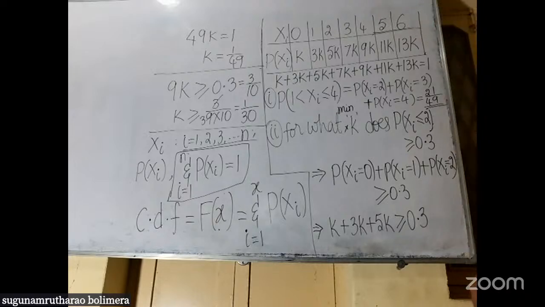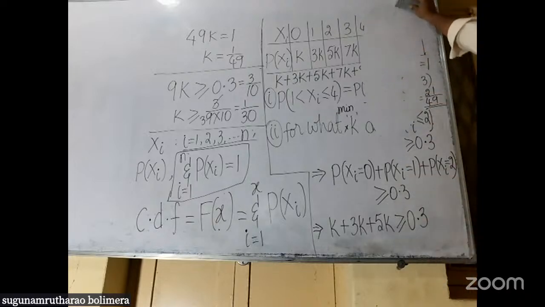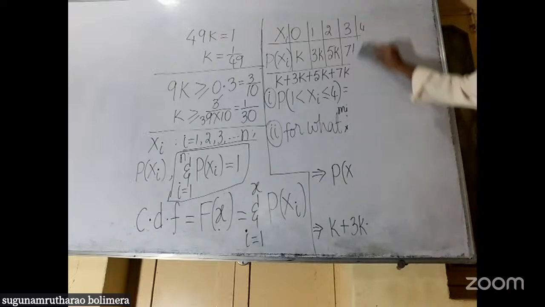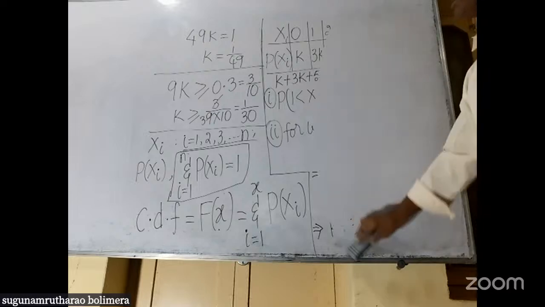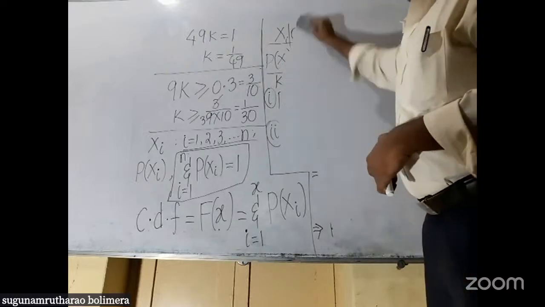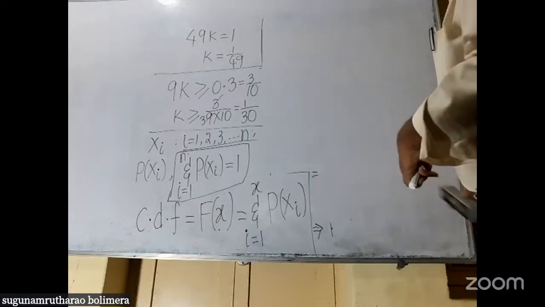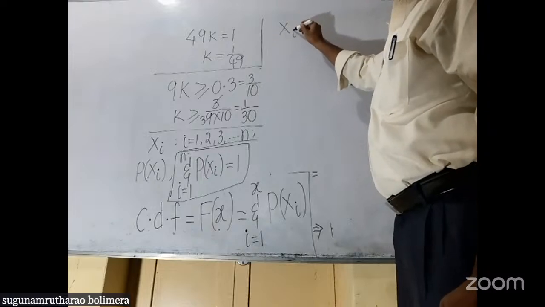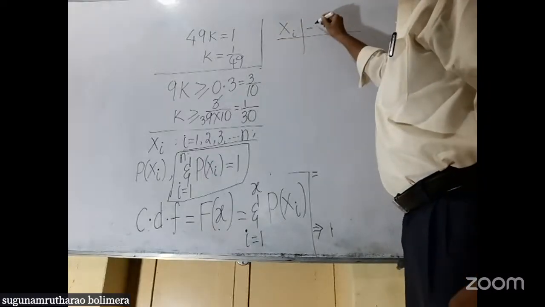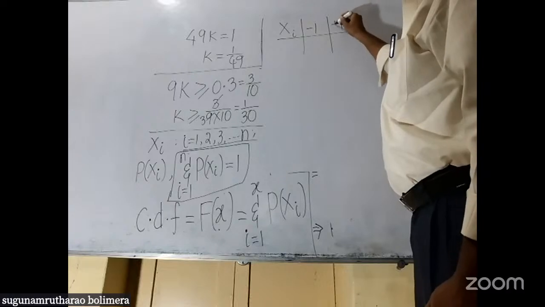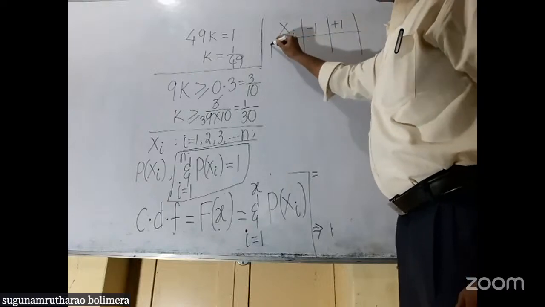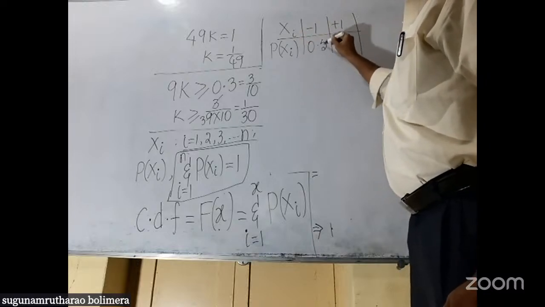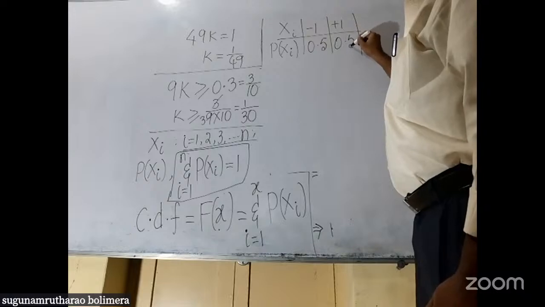The probability distribution function is given as xi: minus 1, plus 1, and P of xi: 0.5, 0.5.